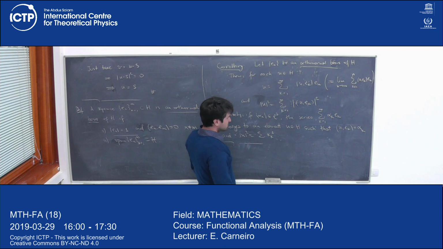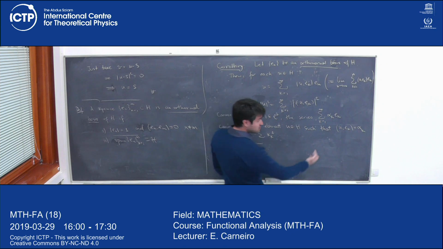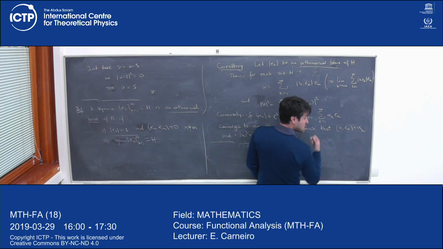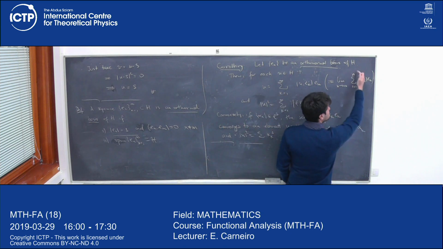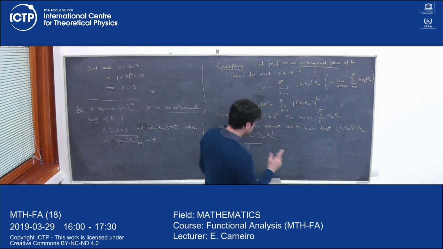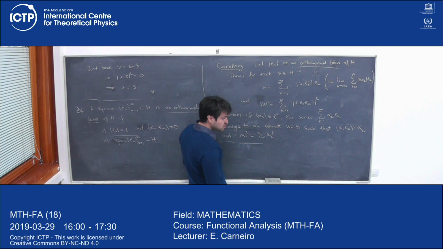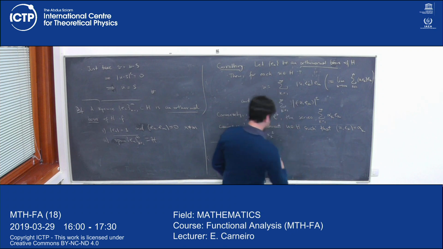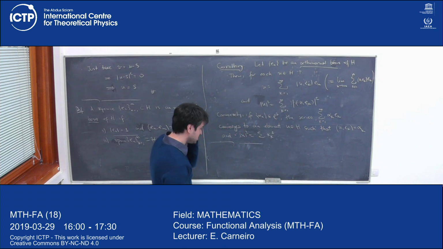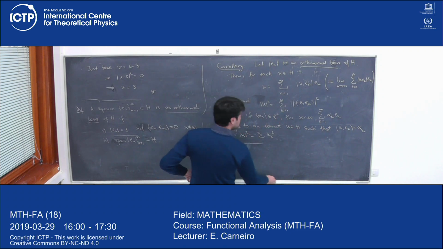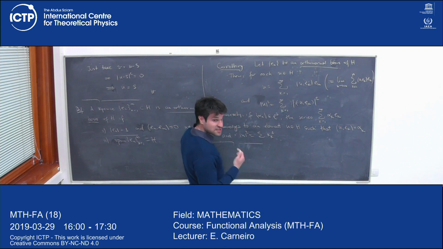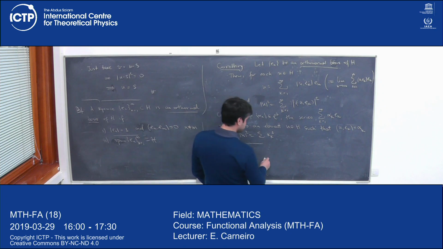Conversely, if you have any sequence in little l2, the space of square summable sequences of real numbers, you can construct the series alpha_k e_k, again from k equals 1 to n. This series will converge in the norm of the space to a certain element u, and this u will have this property. So essentially what I'm saying is that if your space H has an orthonormal basis, you have an isomorphism.